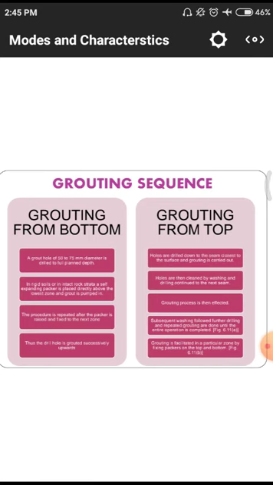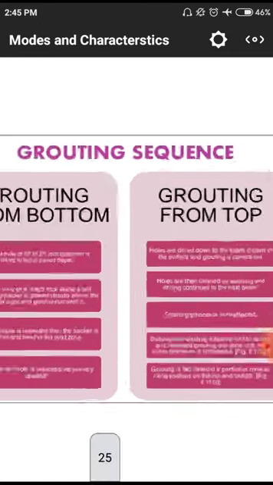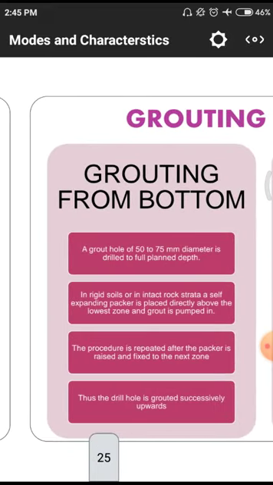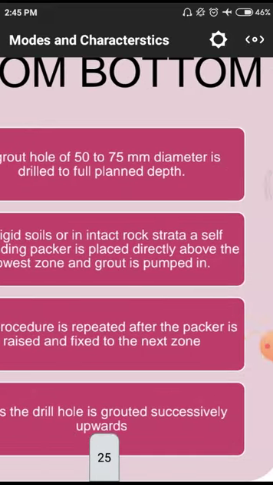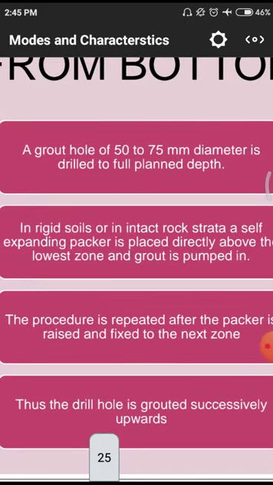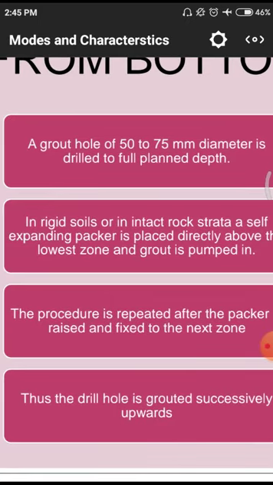And these two techniques we have to observe and bifurcate. That means grouting from bottom and grouting from top. These two have different advantages. First of all, we have to observe grouting from bottom. A grout hole of 50 to 75 diameter is drilled to full planar depth.